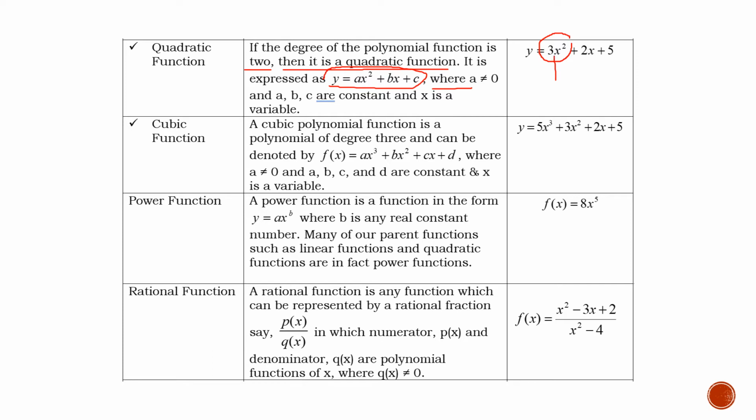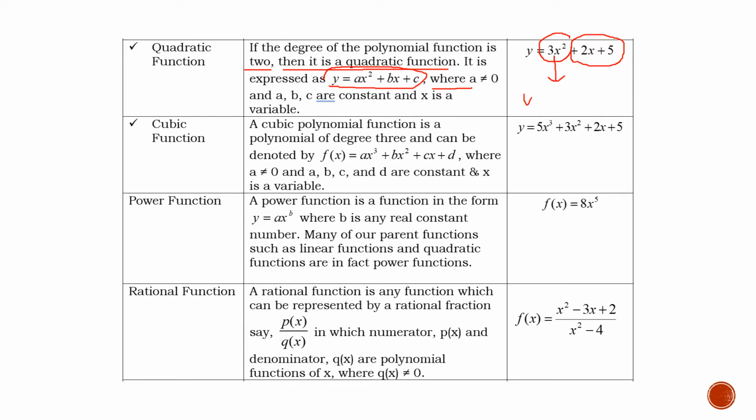So as long as there is an x squared or a term that has an exponent of 2, even if the 2x or plus 5 is no longer visible in this function, it's fine.